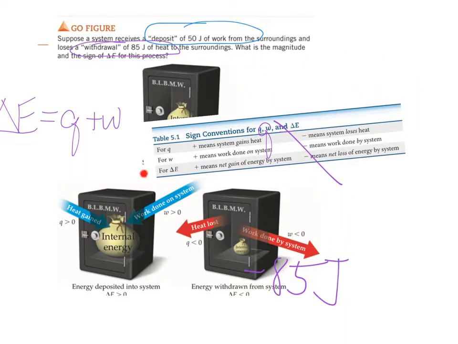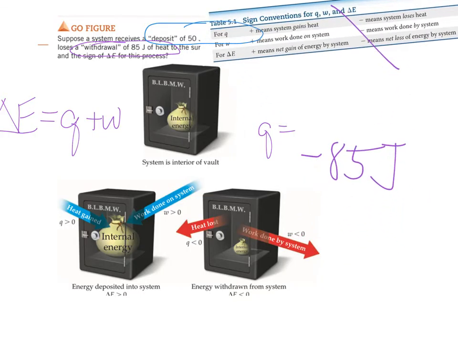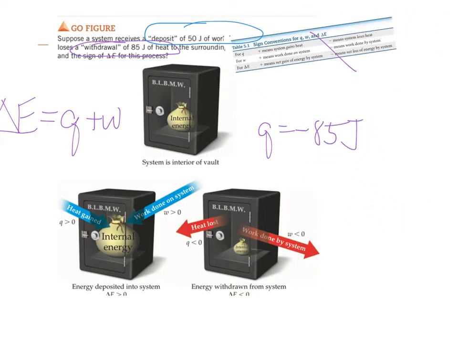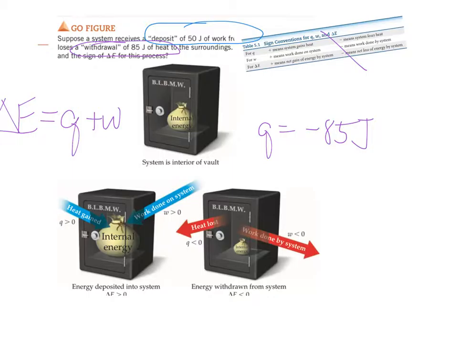For work, when work is done on the system by the surroundings, the sign is going to be plus. So we're going to add plus 50 joules of work.